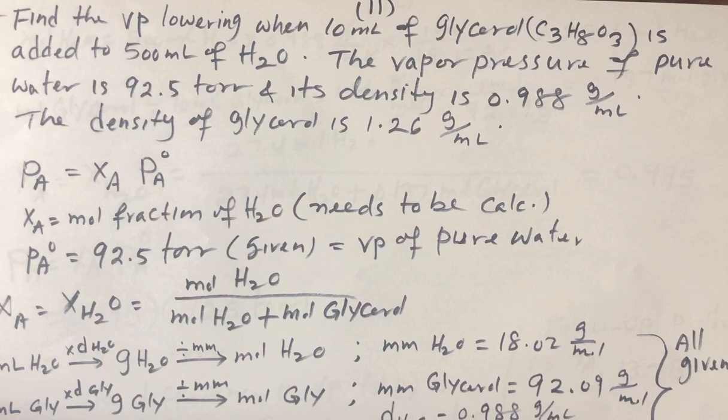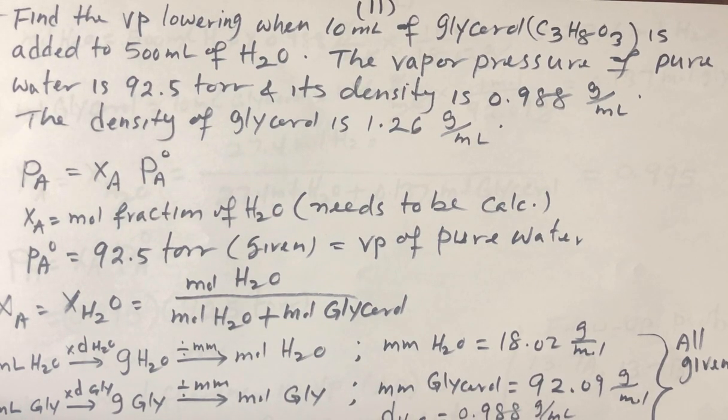The density of glycerol is 1.26 gram per milliliter. You may ask why the density of these two components has been given to us. Well, we use the density, as you will see later on. You use the density to convert from milliliters to grams using the density equation, right?